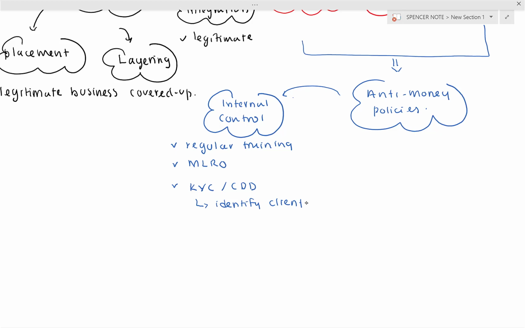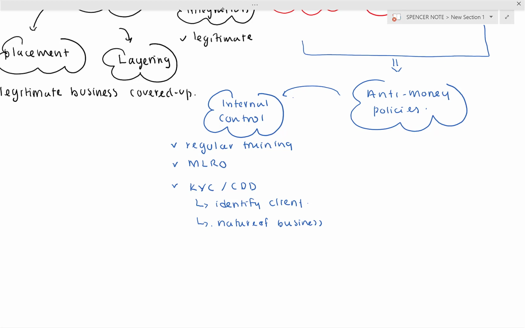We can also look at photographic identification such as a passport, but that is only relevant if the client is an individual. It is important that we look at the nature of business for a particular client, because it is essential we ascertain whether the business of the client makes any commercial sense, because we want to avoid it being used as an illegal front. Verifying the registered address of the client is important. This can be done through the company's letterhead.